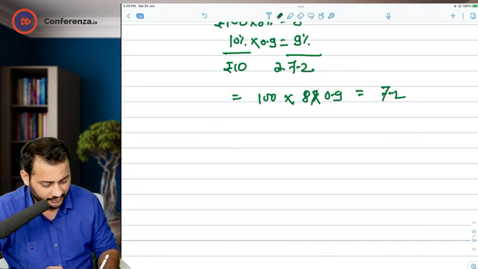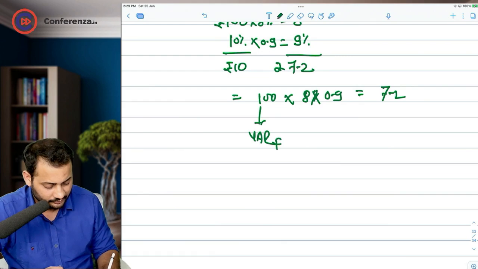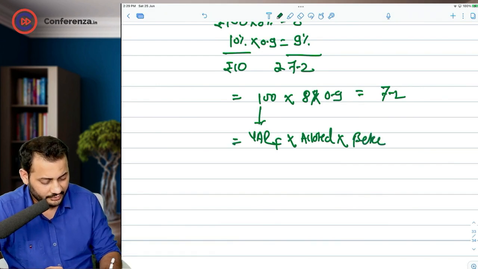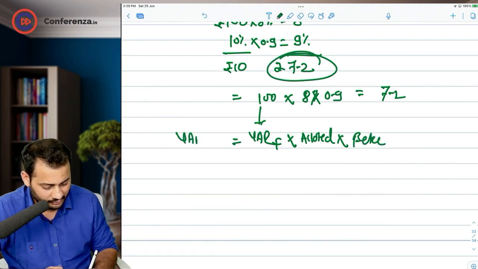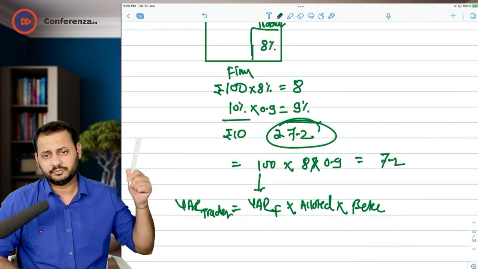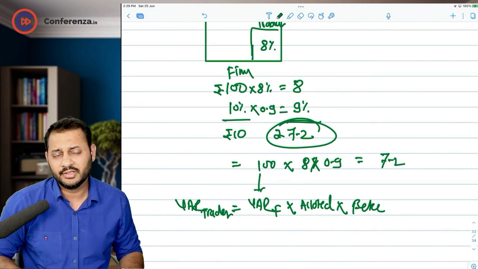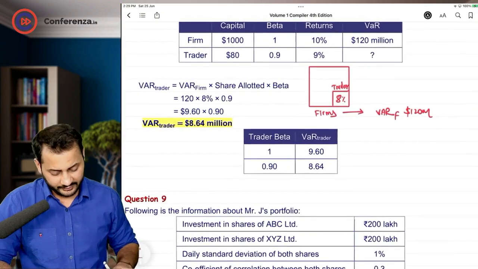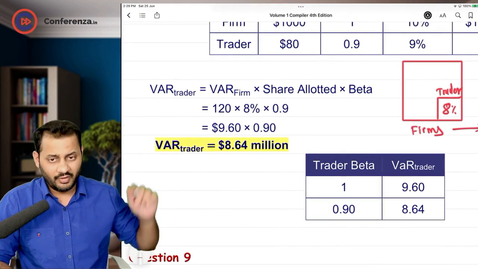In the same way, we have to keep VAR of the firm into allotted area into beta. What did we calculate with this? The VAR for trader. Simple. We cannot simply take 10% as well for the beta trader. So have a look. VAR for the trader.